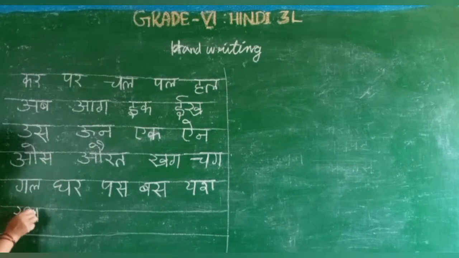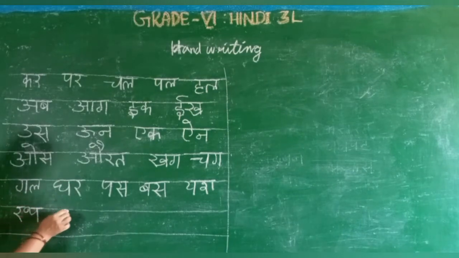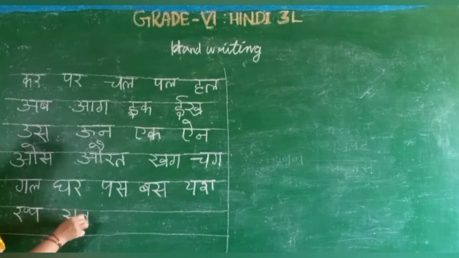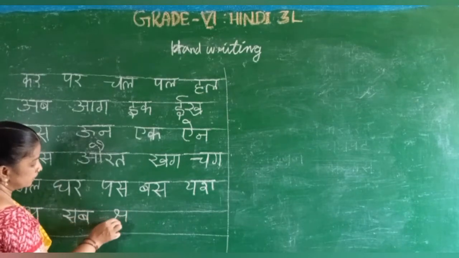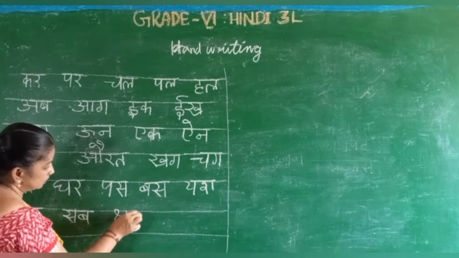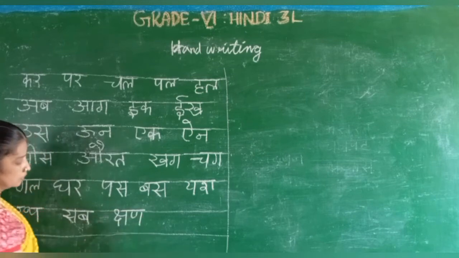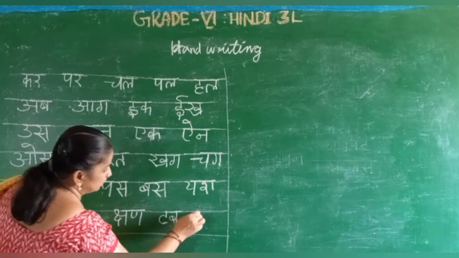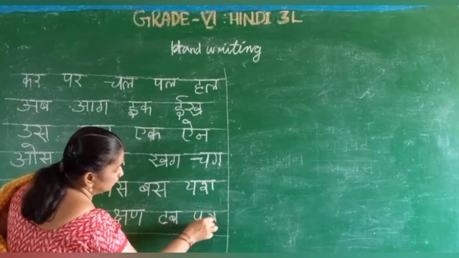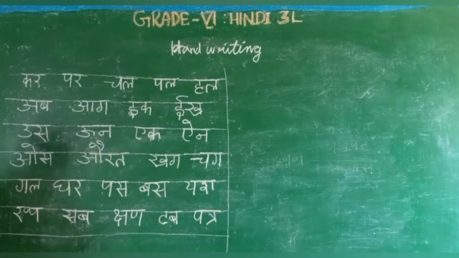Ra, ta, rat. Sa, ba, sab. Next. Iksha, na, shan. Ta, ba, tab. Pa, tra, patra. See how to write below the line.